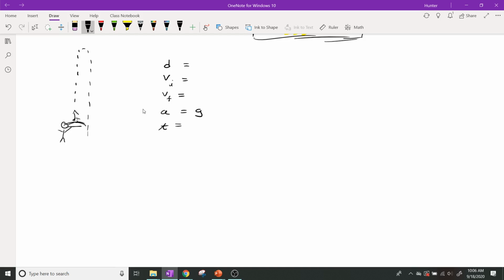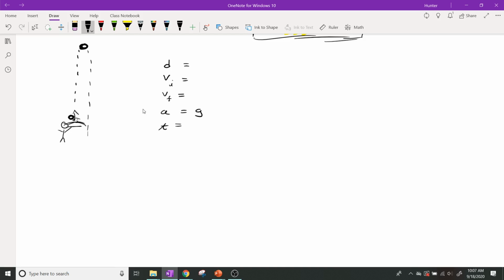Let's say that we're trying to figure out how high the arrow went. So we're going from this position for our initial to this position for our final. So initial would not be 0. You are shooting the arrow, so we are focusing on whenever you just release the arrow. When you just release the arrow, it has a speed.